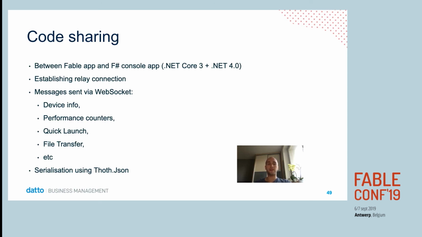Basically everything that's related to establishing the relay connection, as well as the messages sent via WebSocket, is all in the shared module. So the device information, performance counters, quick launch instructions, or the file transfer operation are all modeled as types in the shared module, and the logic to trigger that is also there.